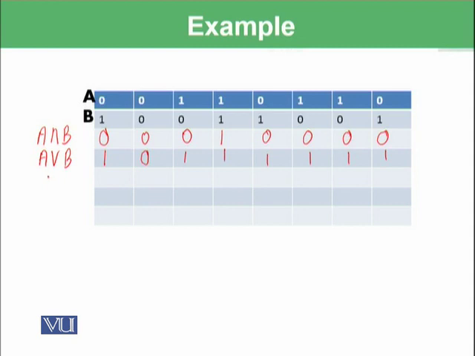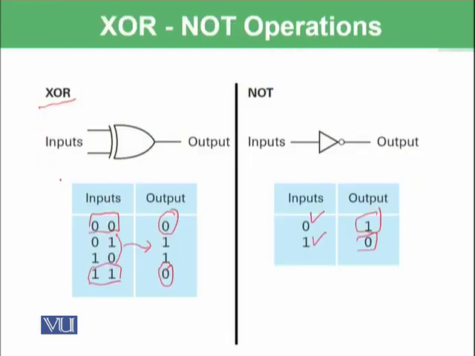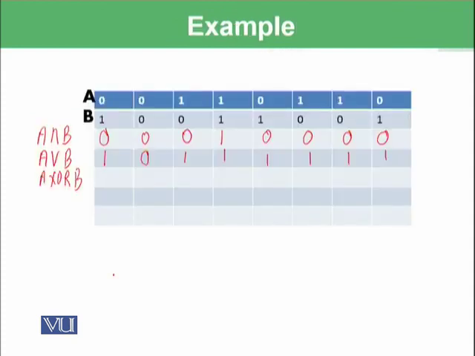And then if we want to perform A exclusive OR B, you have learned that in exclusive OR, when both inputs are the same, it produces 0. Can you see where both inputs are the same? Here both inputs are the same, and none of the other inputs are the same. They are different, so it will produce 1 for all other inputs.